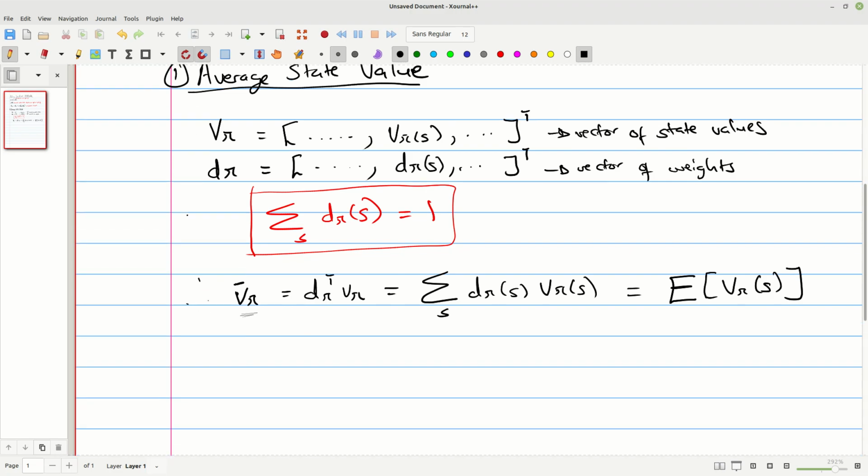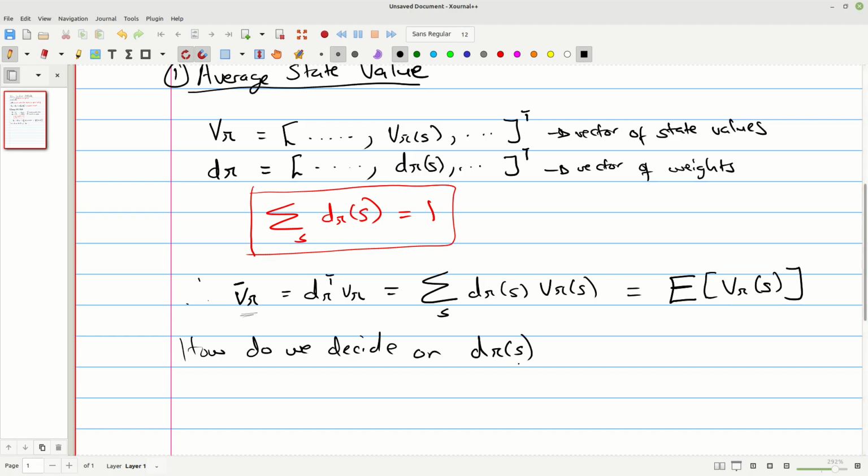So the question now is, how do we decide on d pi of s, our weights?